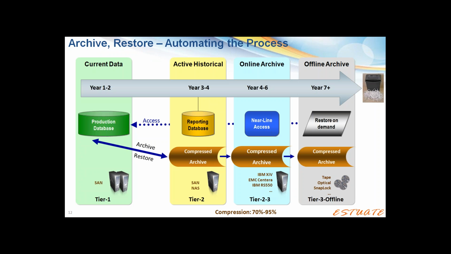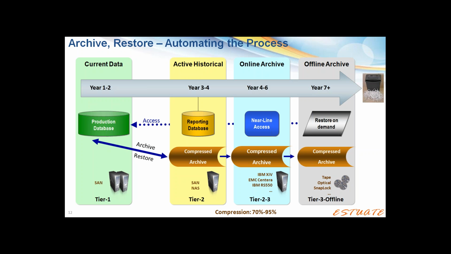Once that data is archived, we can keep it for about 3 to 4 years in tier 2 level storage devices in compressed archive files, and those would ideally be NAS or SAN. Once it meets that criteria as well, we can move that archive data into tier 2, tier 3 storage devices like Centera, IBM RS550.